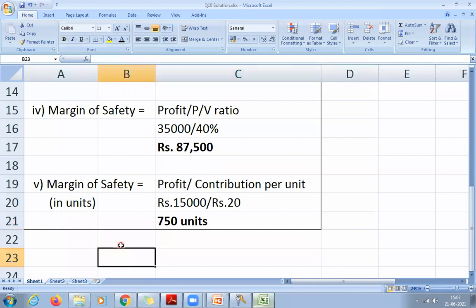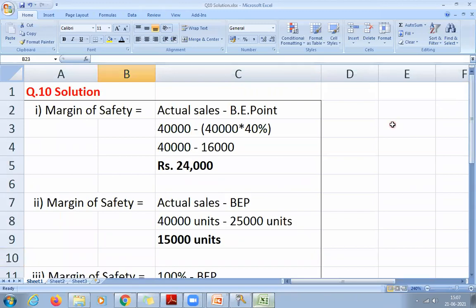The concept is very, very important. The higher the margin of safety, the better for the company. Especially when the margin of safety is falling, the company has to be very careful. They have to either control costs or increase their sales volume. Investors also look at the margin of safety, and especially creditors.